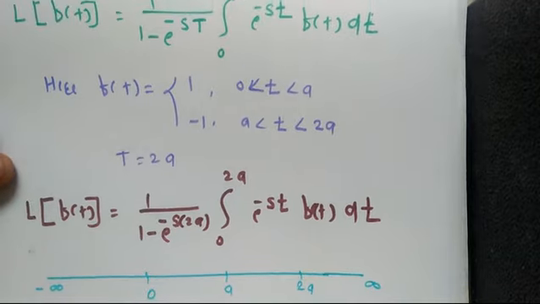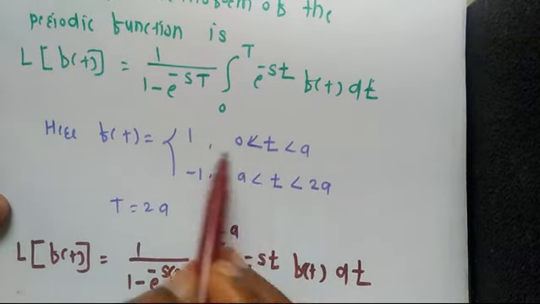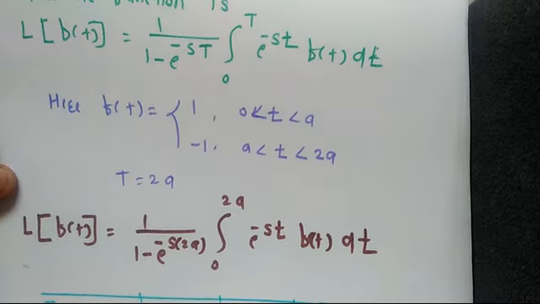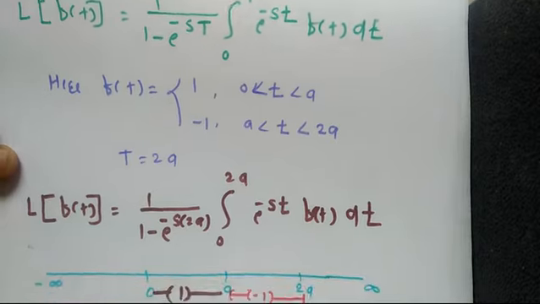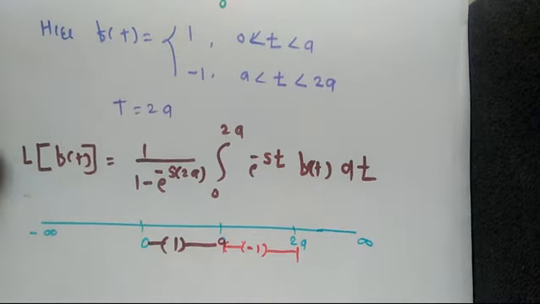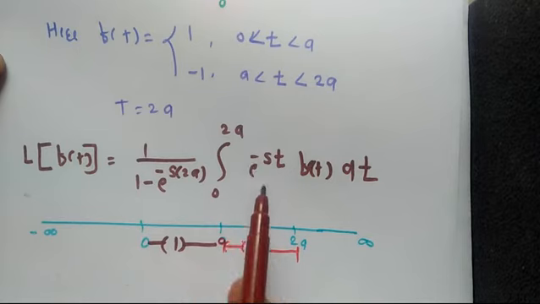In between 0 to a, the value of this function is 1, and in between a to 2a, its value is minus 1. So we'll divide this integration into two parts, 0 to 2a divided into two parts.